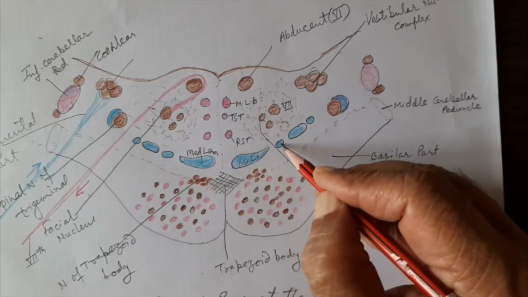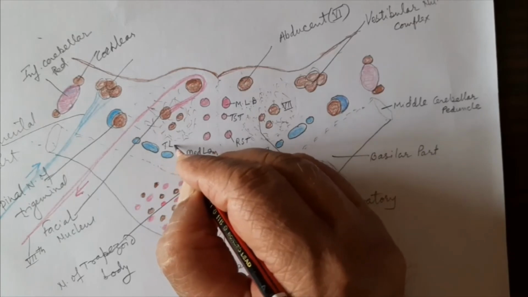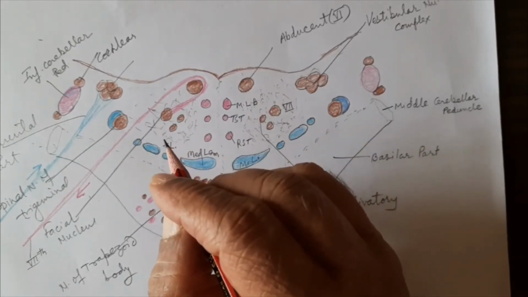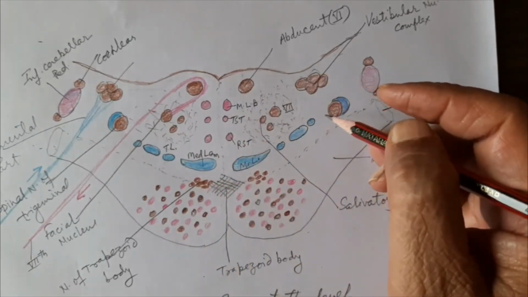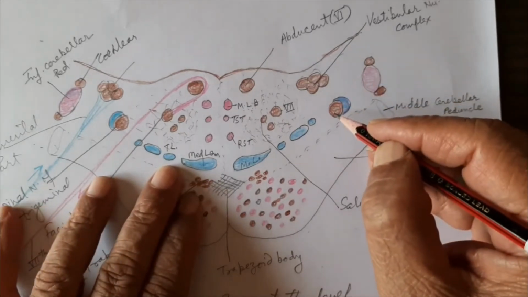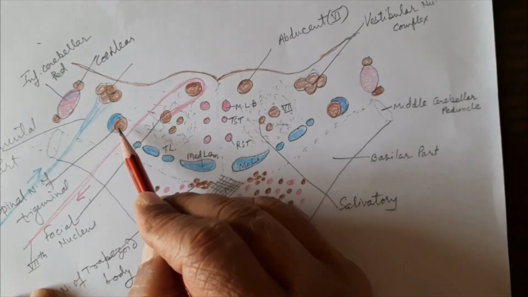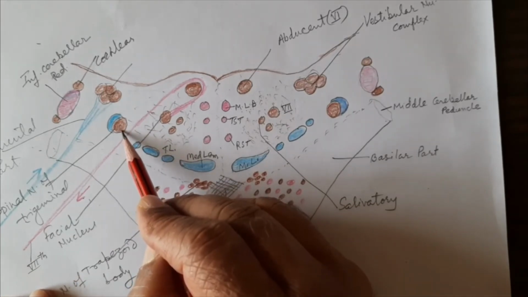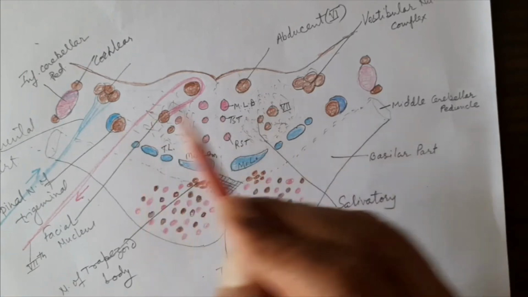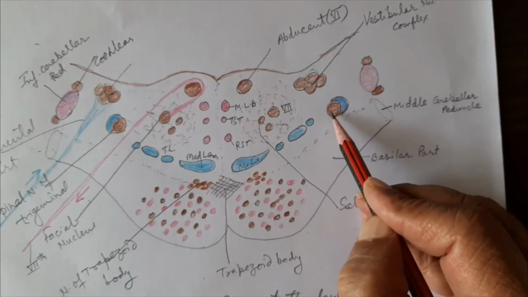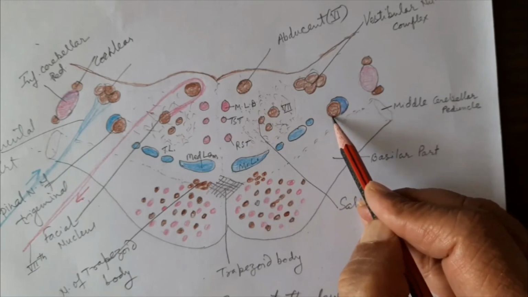Just lateral to this medial lemniscus is the trigeminal lemniscus. It is formed by the opposite spinal nucleus of the trigeminal, which is bringing the sensation of pain, touch and temperature from the face, nose, mouth, tongue and conjunctiva.